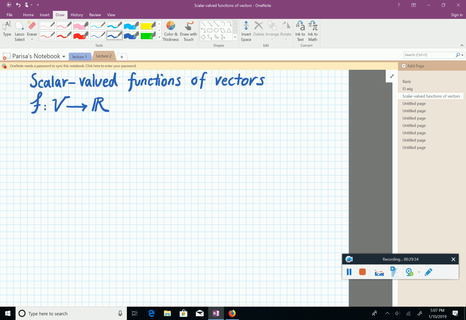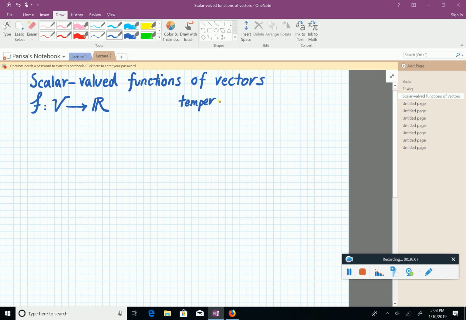Temperature. That was almost too fast, Prabha. Great, temperature. What is it mapping into what? Temperature as a function of position, exactly. It takes the position vector, which is a vector, and gives you temperature.